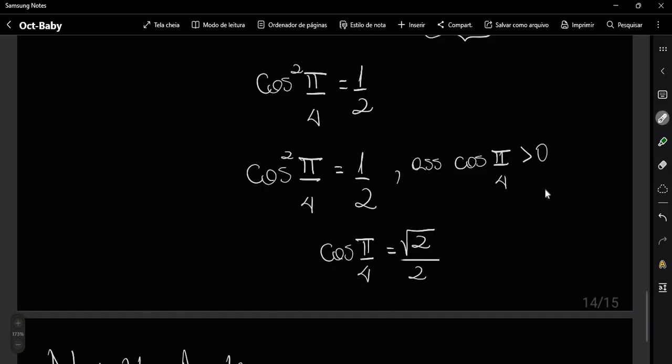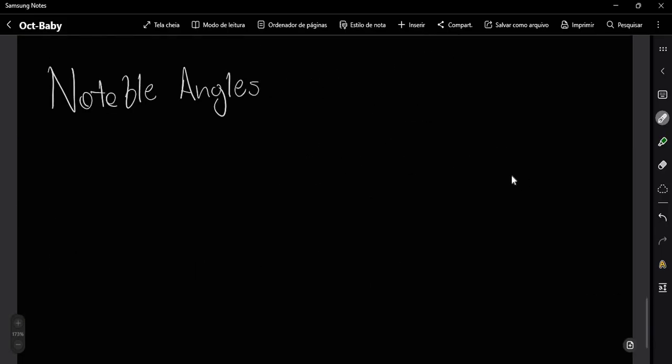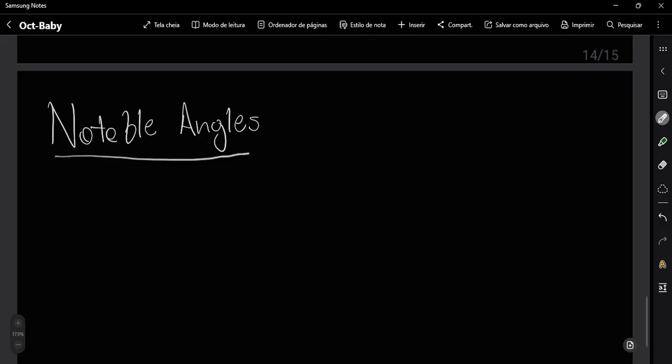And this is the same as cosine of pi over 4, which is equal square root of 2 over 2. Okay, so now let me pass to you these notable angles. And again, that is something that you probably might have seen in your high school days.